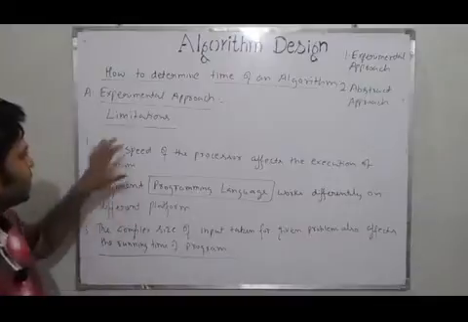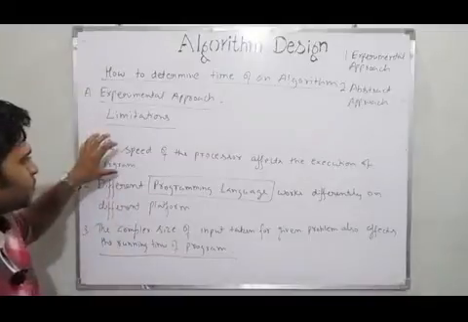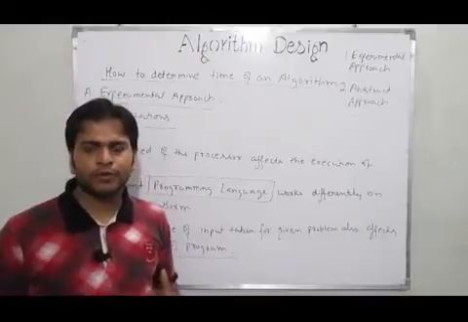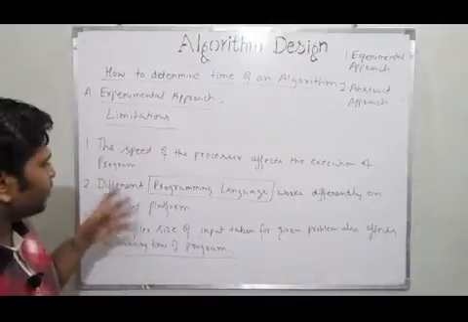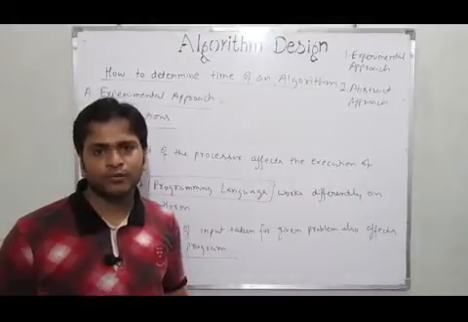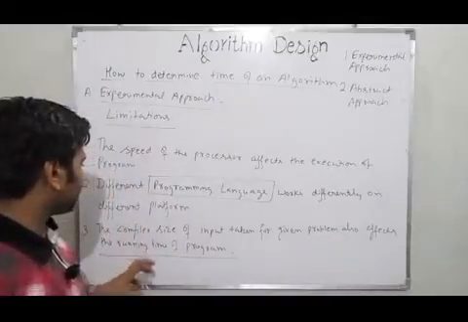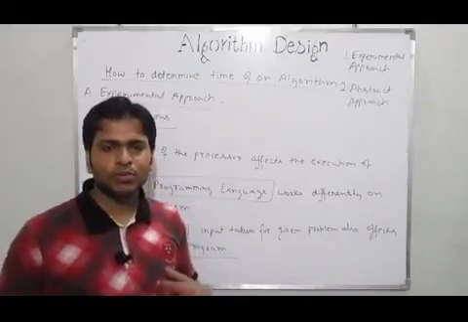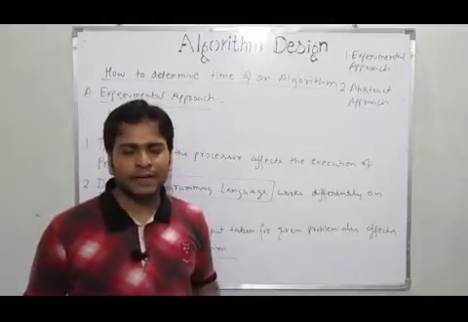So while using this approach, we have to take certain measures in terms of which processor we are choosing. The processor speed must be good enough to run a program in an efficient manner. The second measure is that we have to choose such a programming language which is interoperable, that can work on any of the platform with the same time. And the third measure is that we have to make sure that we don't choose a problem of so much complex size that it affects the program.